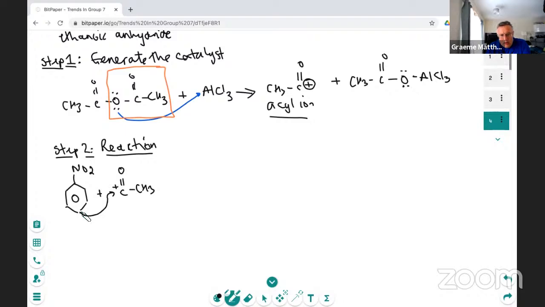When you do this, you put the arrow from the inside of the ring, not on the edge, on the inside of the ring like this. The examiner knows you're talking about breaking the pi bond system.